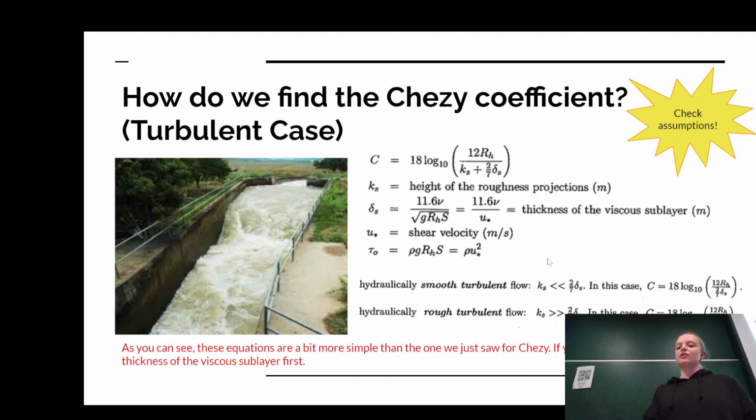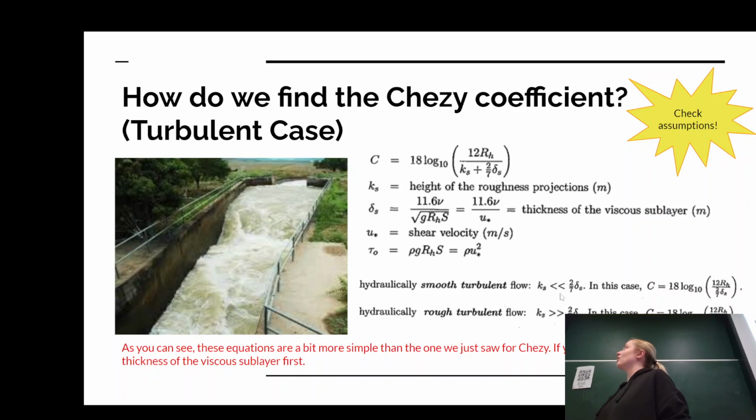But the thing you need to remember is down here we've got two different cases. These can help you jump in and find your Chezy coefficient a little bit faster. If you think, or if you're given in the question, that your flow is going to be hydraulically smooth and turbulent, you can check that case by using this inequality here.